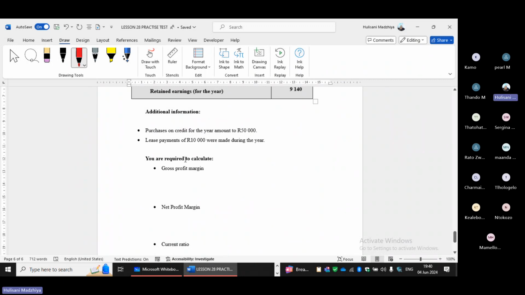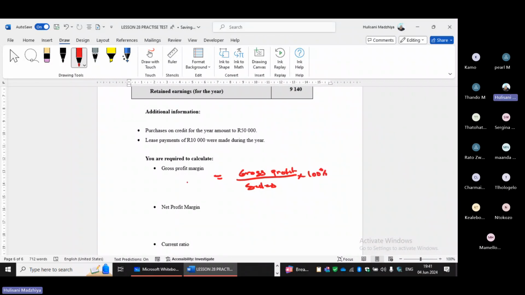Then it says you are required to calculate the gross profit margin. So the formula to calculate the gross profit margin is equal to gross profit over sales multiplied by 100%.